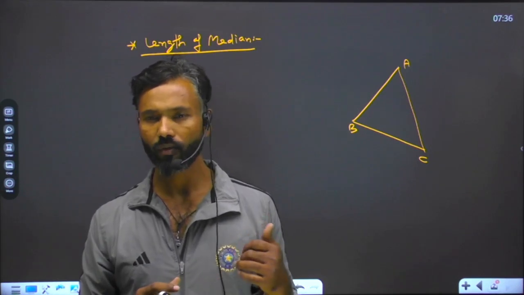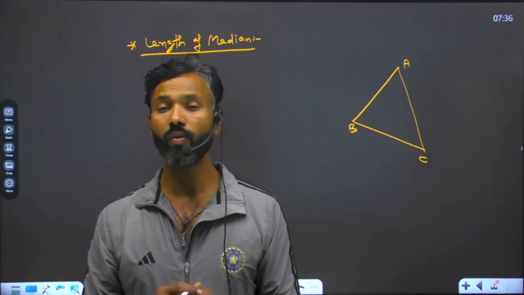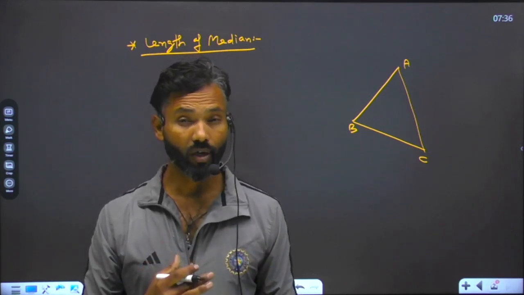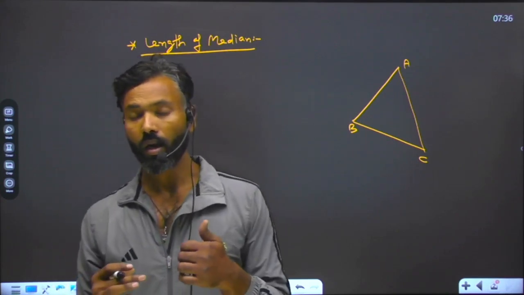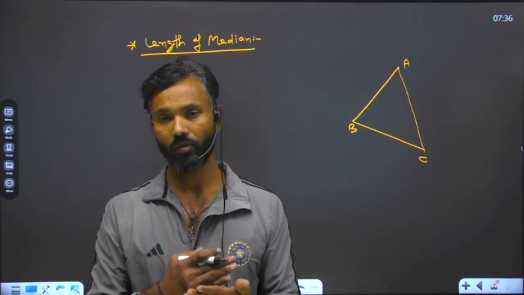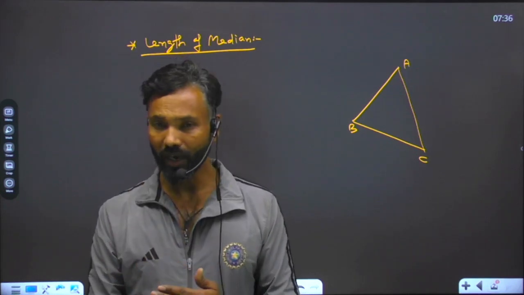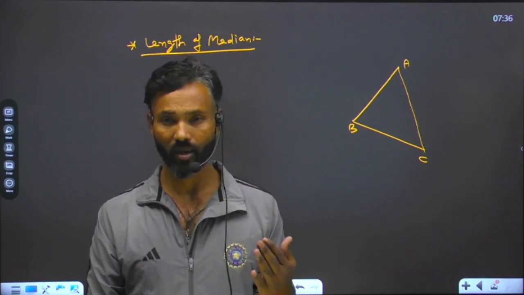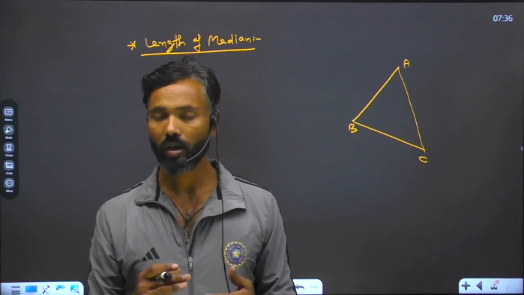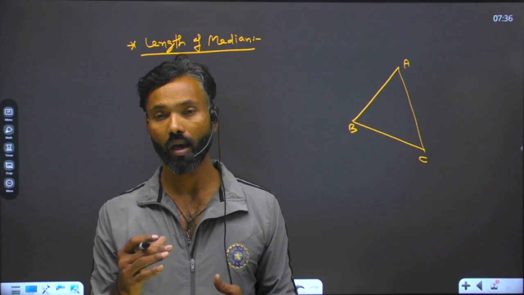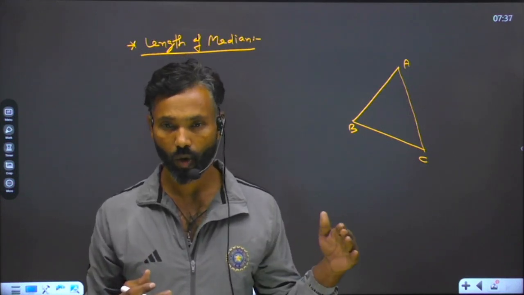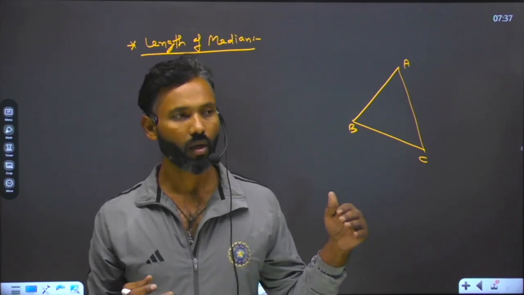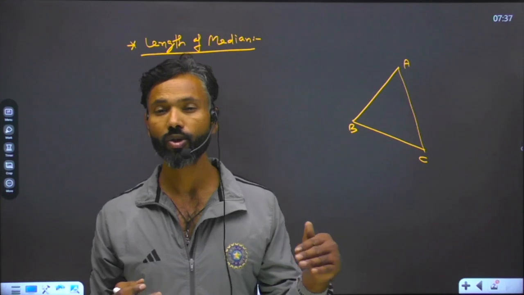So we discussed a kind of inverse relation between size and the altitudes. The same kind of relation will be formed between medians and the sides of the triangle. So I can say that on the largest side there will be the shortest median, and on the shortest side there will be the largest median. When the examiner asks us to calculate the length of the largest median, we have to think that the largest median will be dropped on the shortest side.